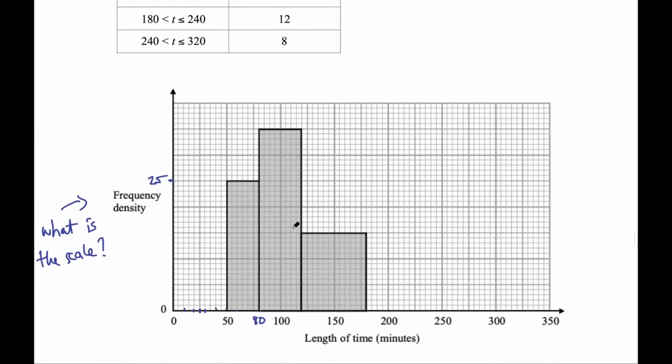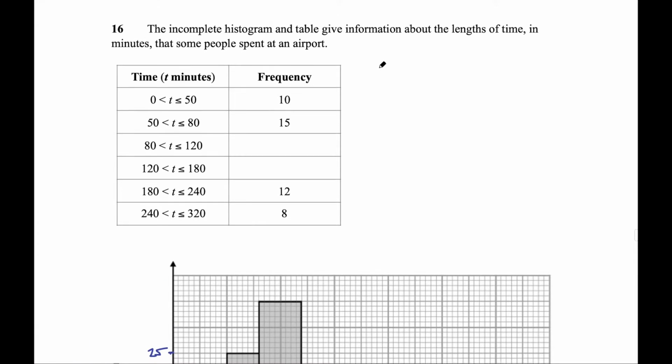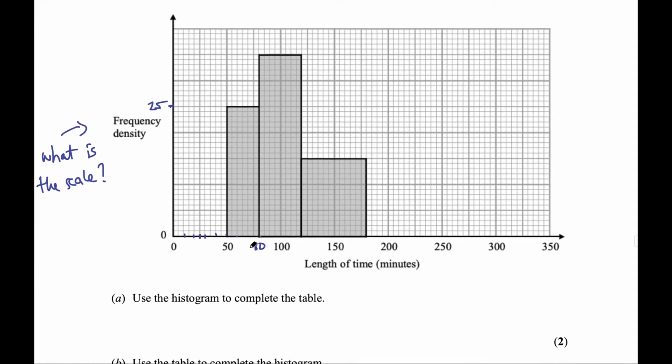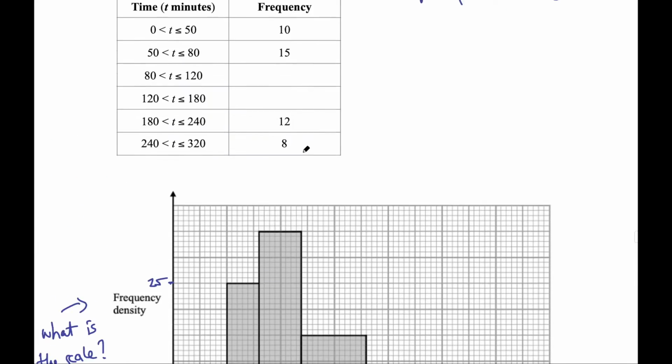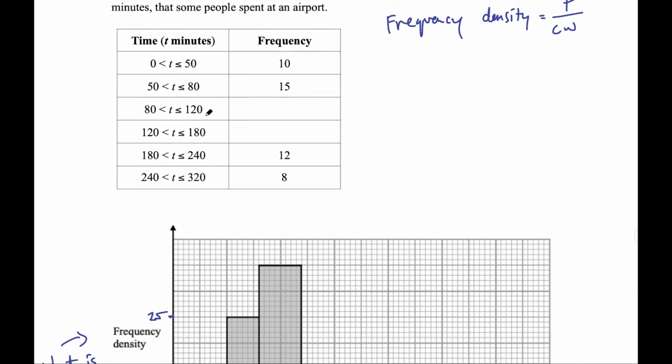You also need to know how to work out the frequency density. So the important part here is to know that the frequency density, to work that out, you do the frequency, this column here, divided by the class width, which is the width on the bar and also this width in here. So if we look at that bar 50 to 80, that's a class width of 30.